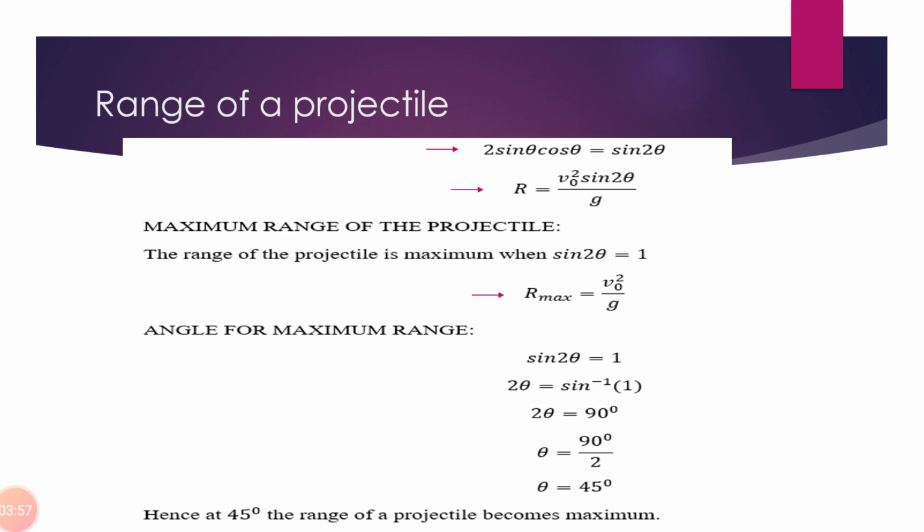To find the maximum range angle, we again set sin 2 theta equal to 1, which gives 2 theta equal to sin inverse of 1, that is 90 degrees. Dividing it by 2, we get 45 degrees. Hence, if the launching angle of the projectile is 45 degrees, the projectile will attain its maximum range.